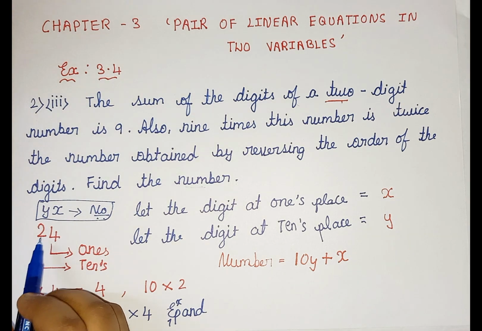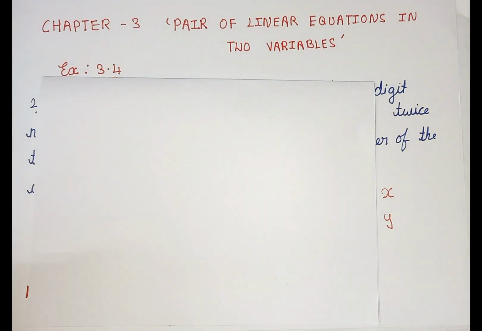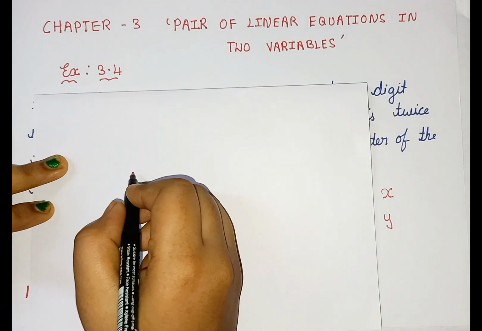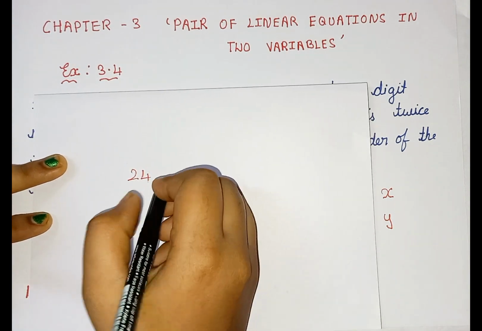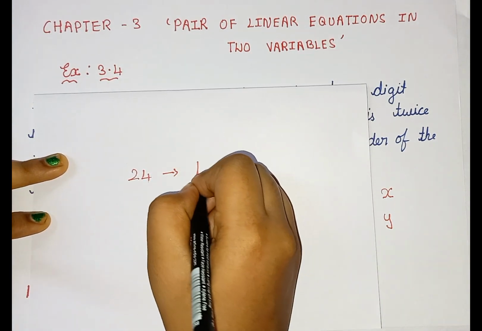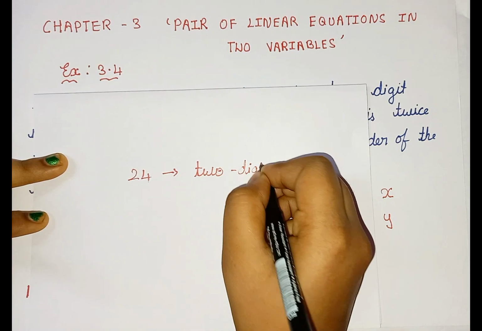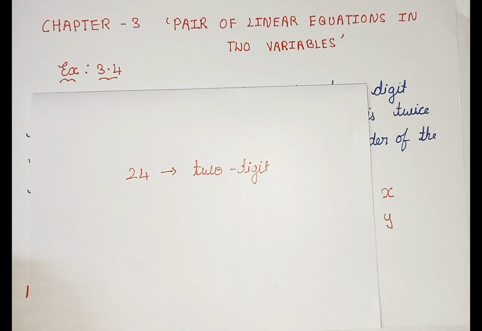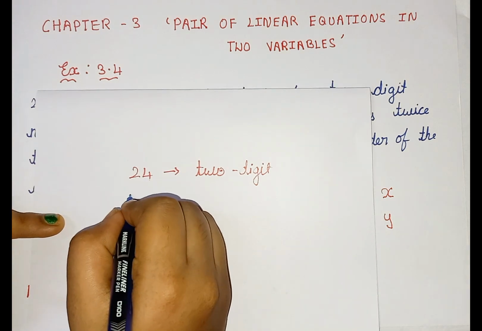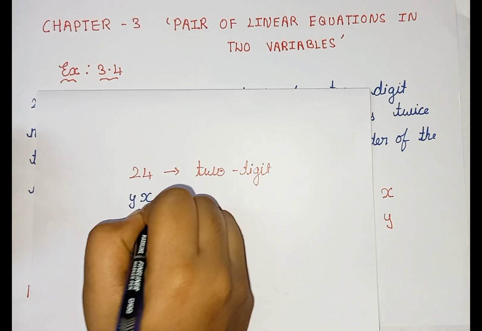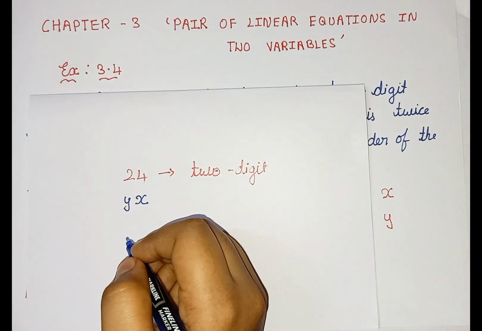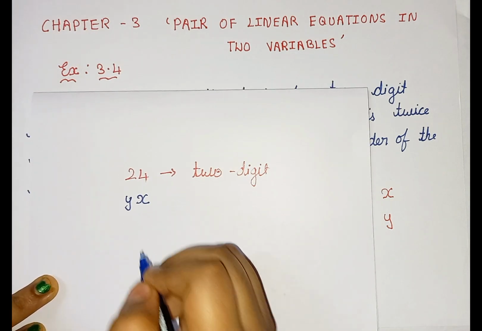So here in the place of 24, what is 24 here? 24 is a 2-digit number, isn't it? I'll write, it is a 2-digit number. Why did I write 2-digit number? It is mentioned in the question. So in the place of 24, if I write yx, you can just think of this as a number. This is a 2-digit number.